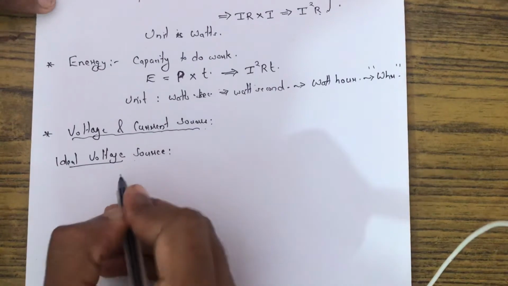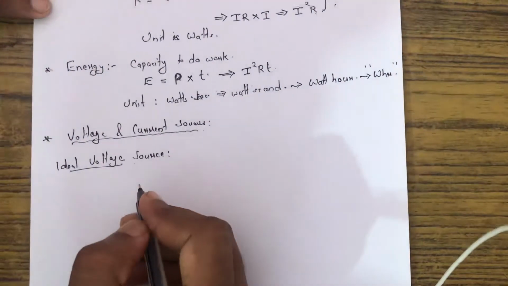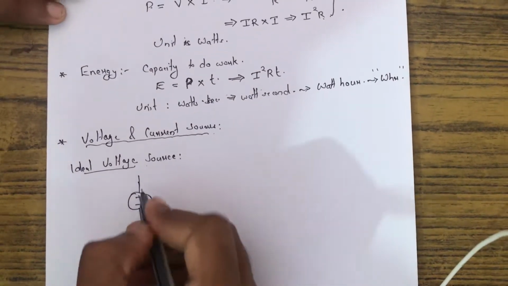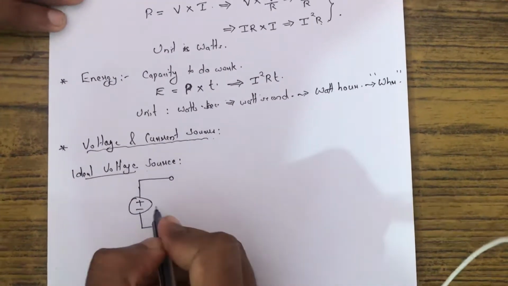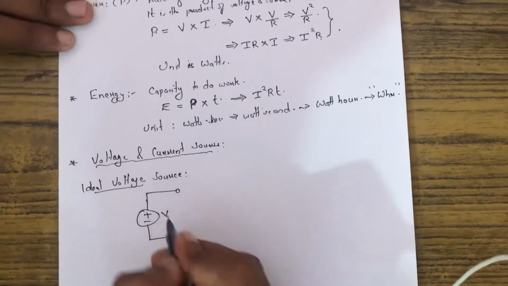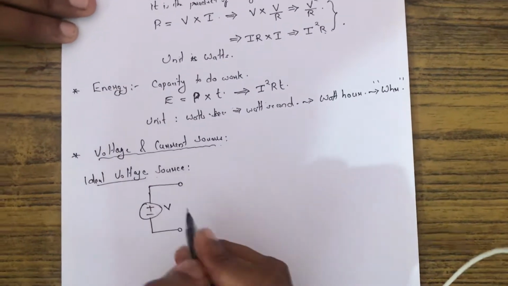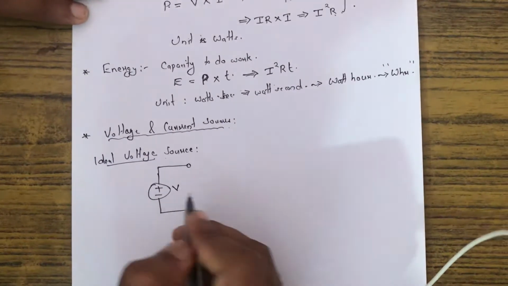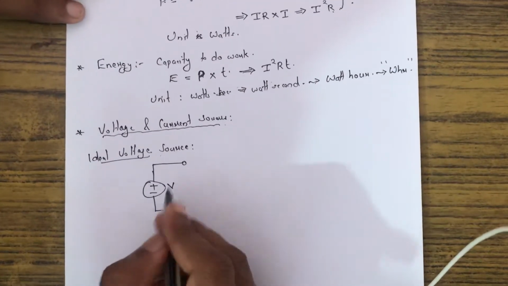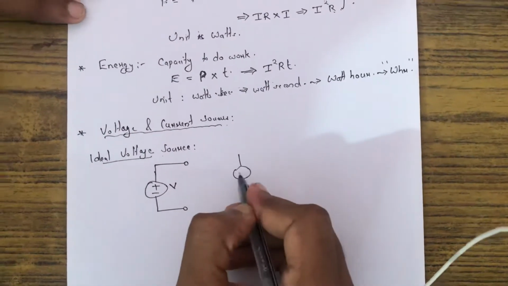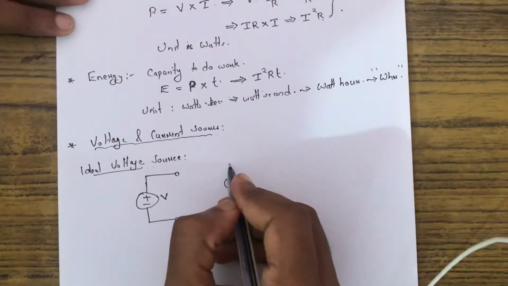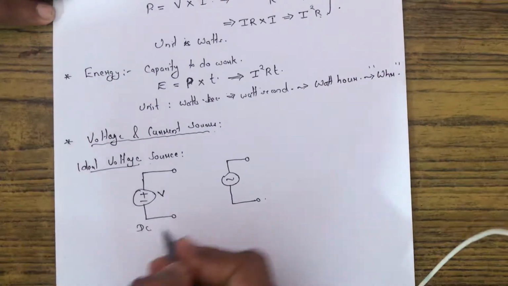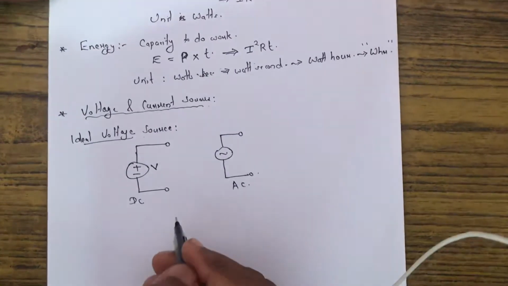We can represent the voltage source like this. If it is a source delivering a voltage of V, and it is an ideal voltage source, it should maintain this magnitude every time. This is the representation for a DC voltage source, and this is the representation of an AC voltage source.